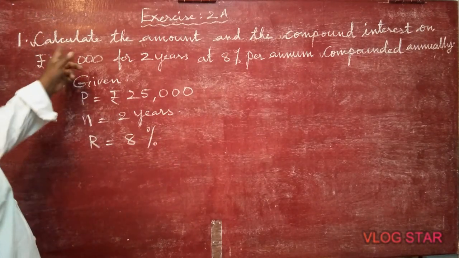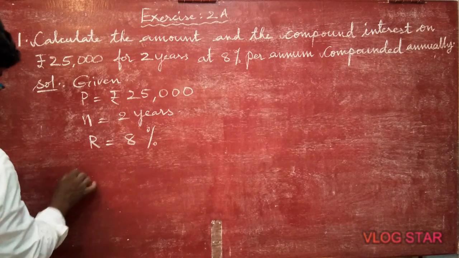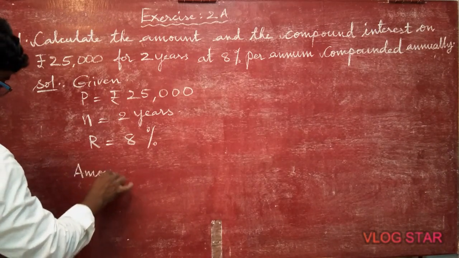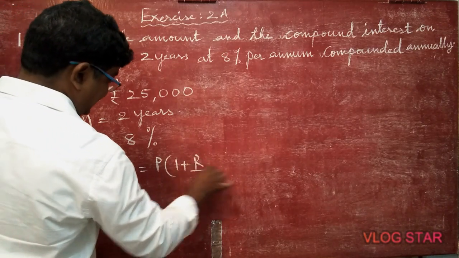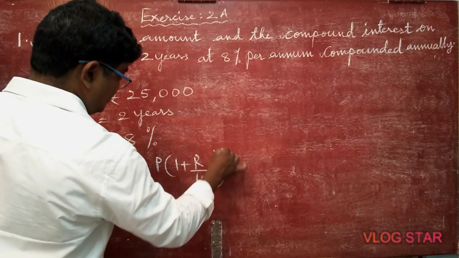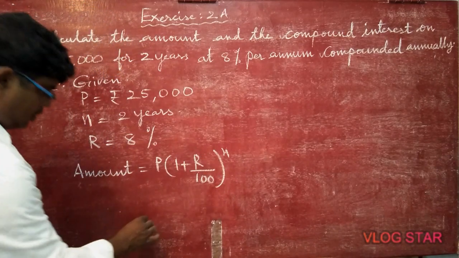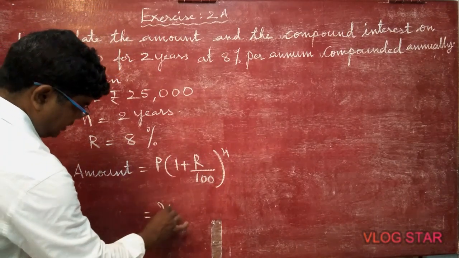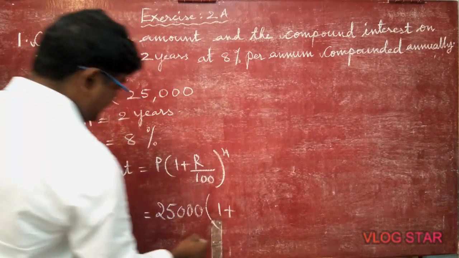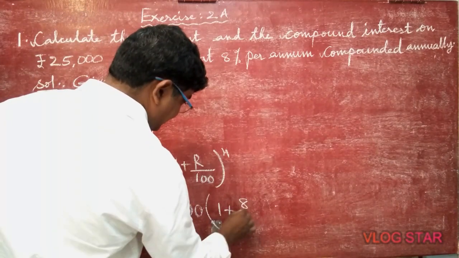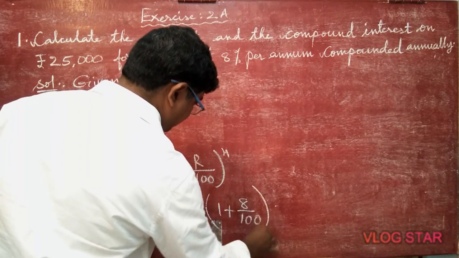Now they are asking to calculate amount. Amount formula we have just learned: P into (1 plus R by 100) whole to the power of N. What is P? 25,000 into (1 plus 8 by 100) whole square.